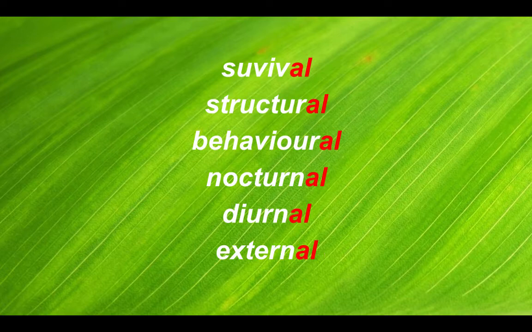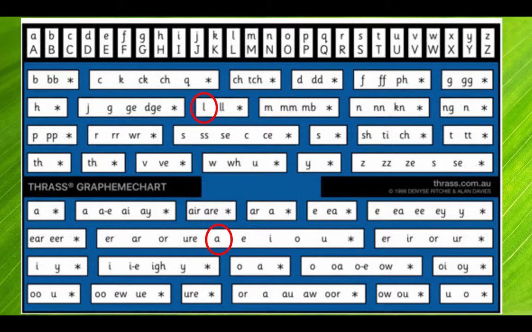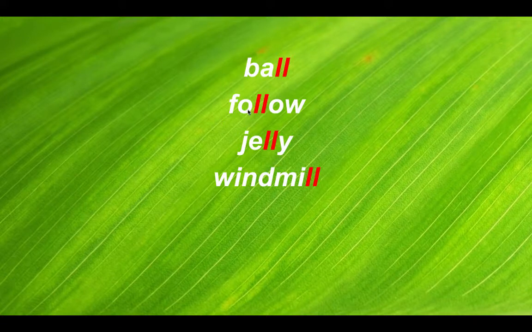But if we think about the ul sound, there's actually more than one way to create that sound using different graphemes. Let's have a look. On the THRASS chart, we can also make an ul sound using double L. Using two L graphemes together, we might come up with words like ball, follow, jelly, windmill.